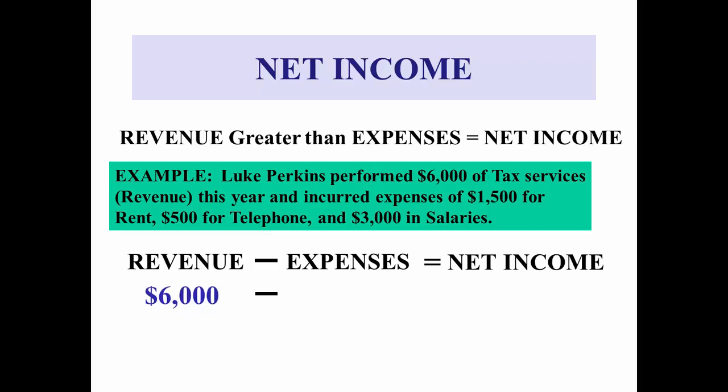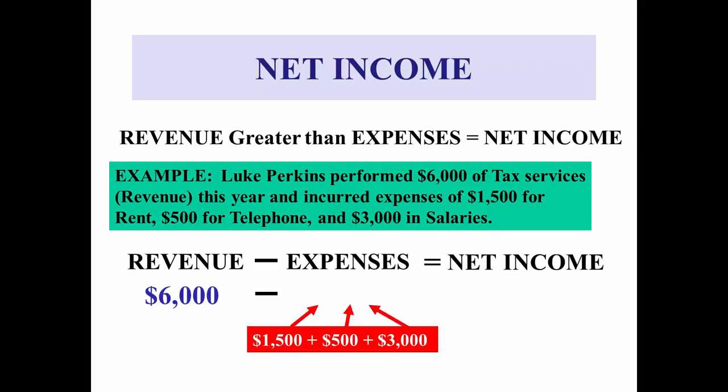Here we have $6,000 in revenue from him selling his services. We have a total of $5,000 of expenses, which includes the rent expense, the telephone expense, and the salaries expense, all added together.